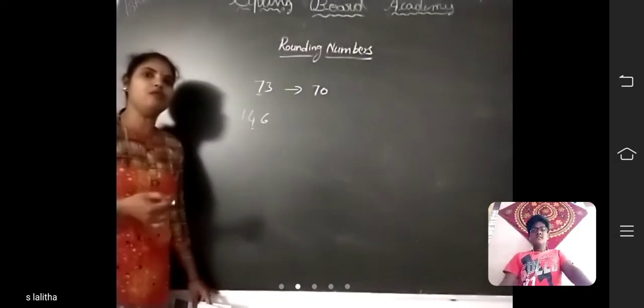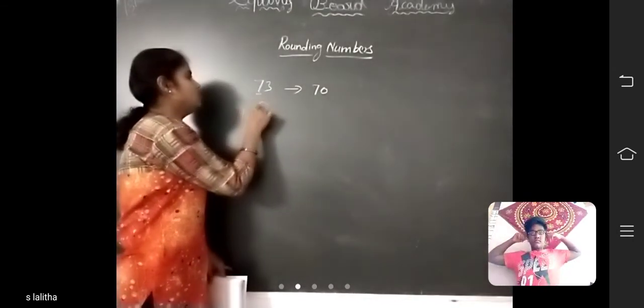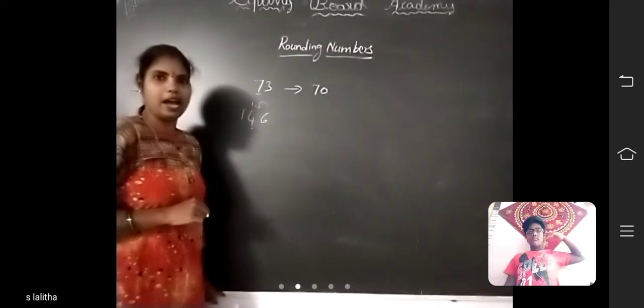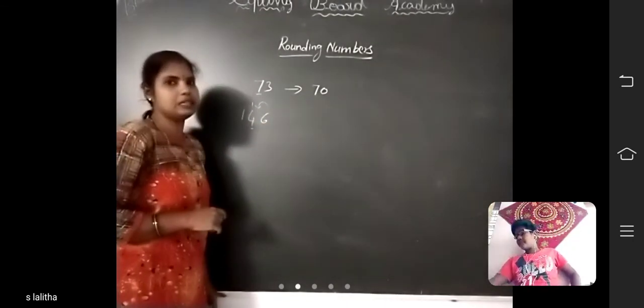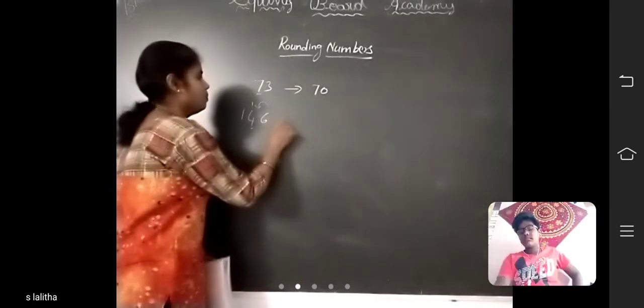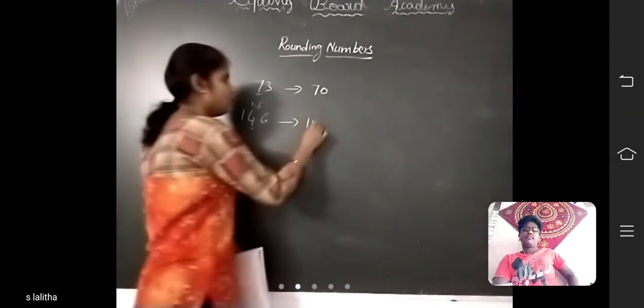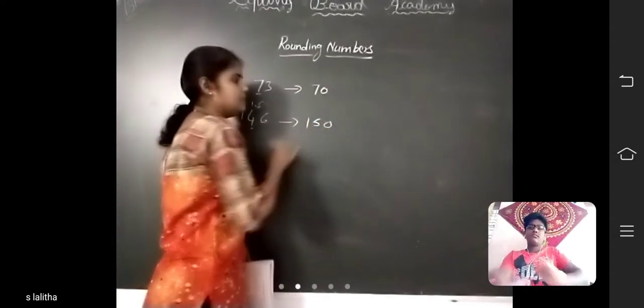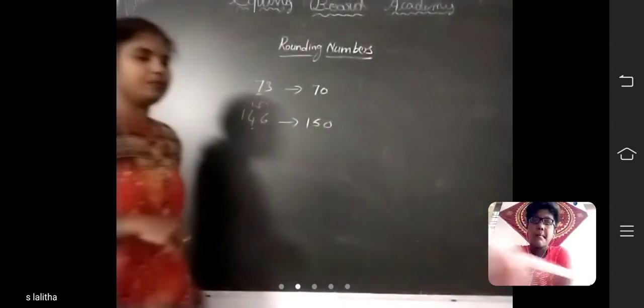Greater than 5 means you should add 1 to the tenth place and replace the units digit with 0. Now, 4 plus 1 is 5, 1 stays, and 6 becomes 0: 150. Did you understand now?